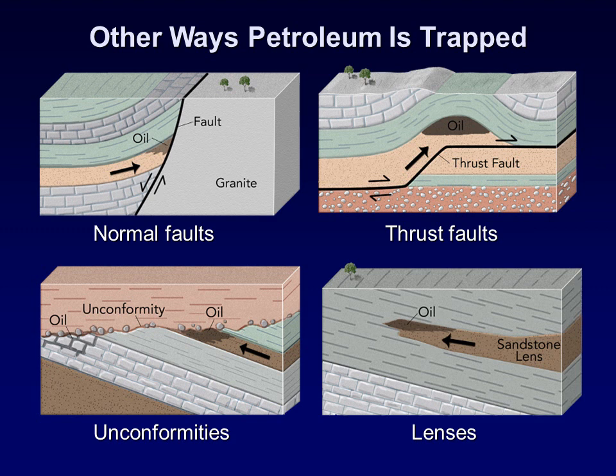And the same thing for lenses. For a sand lens, all layers eventually end. So, for example, if you have a beach depositing sand, there is an end to that beach, right? As you go inland, that sand stops. As you go out towards the sea, that sand stops. So where that sand intersects another unit, so for example, as if you're walking out into the ocean, that sand is going to stop just offshore, and it's going to transition into mudstone.